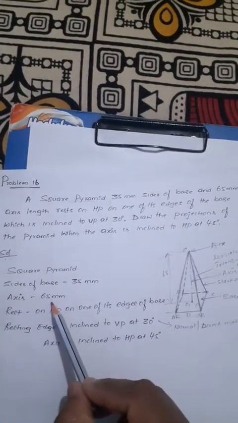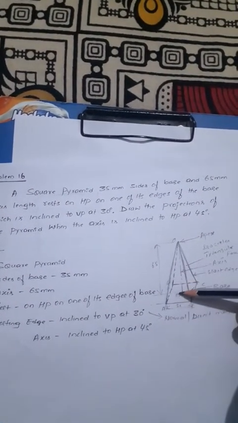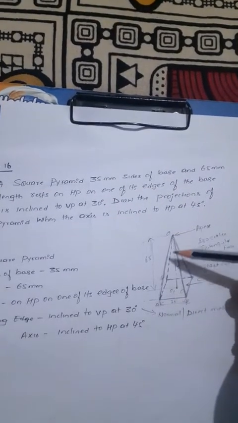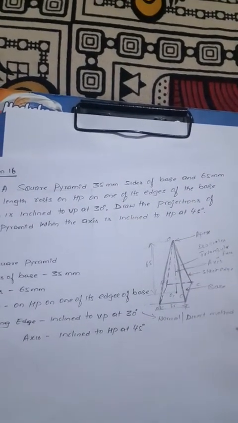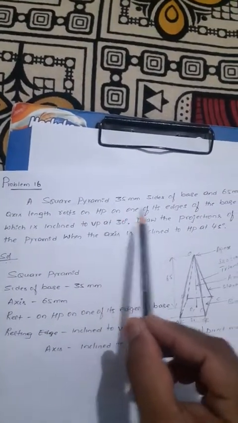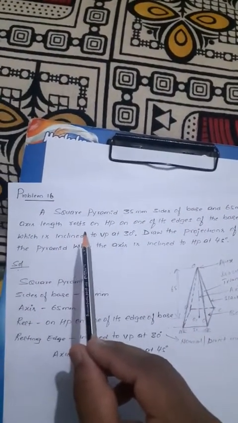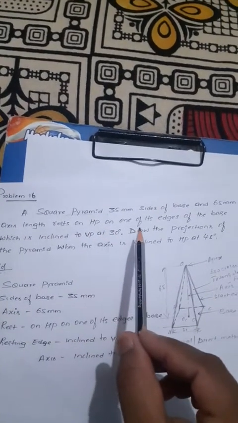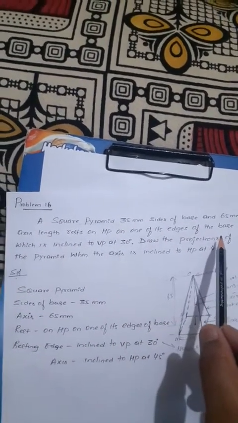What is the axis given? 65 mm, from the bottom face to the apex. Next, the pyramid rests on HP on one of its edges of the base.